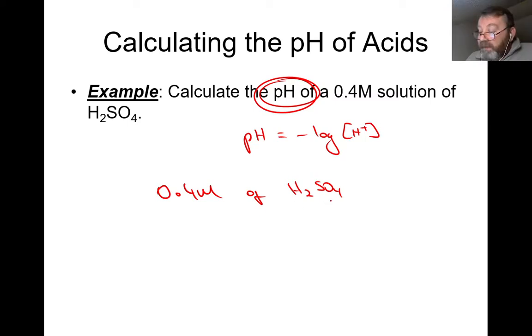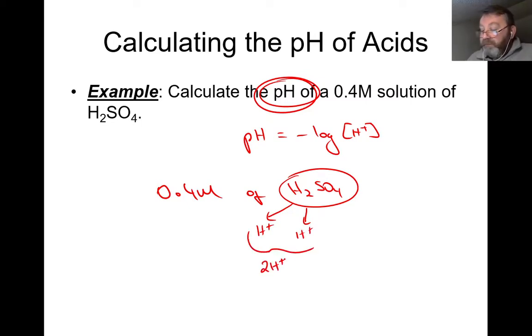Now, think of the acid. For every 1 molecule of H2SO4, how many hydrogens can it give out? And the answer is it can give out 2. So because it can give out 2 H+, the ratio between the molecule and the number of hydrogen ions it produces is 1:2.